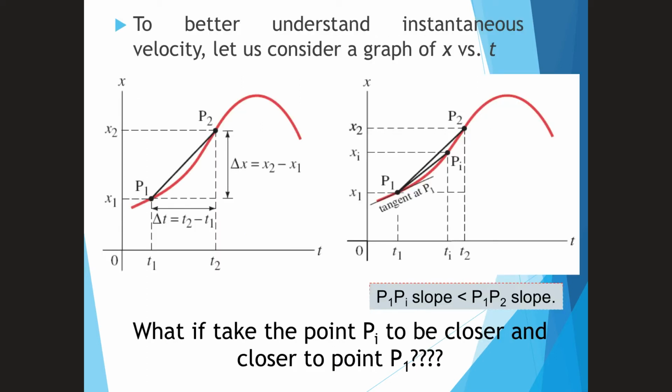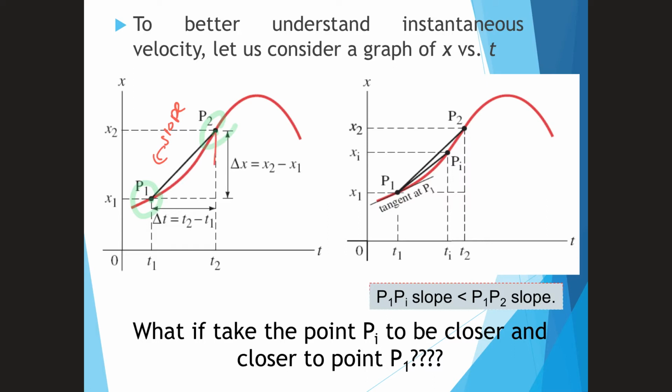To better understand instantaneous velocity, let us consider a graph. You have P1 here and P2 here. When you connect P1 to P2, you are going to have one slope, and this slope represents the average velocity. Why?